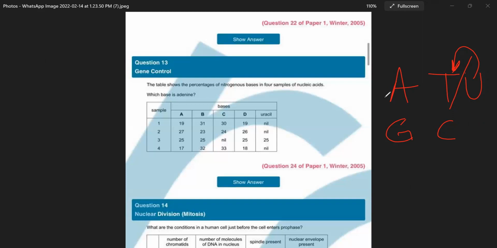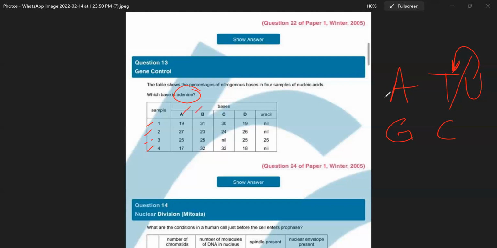And we need to tell which one is a sample of adenine. Now, you need to understand the question well. All of these samples, A, B, C, and D, and uracil, these are bases.